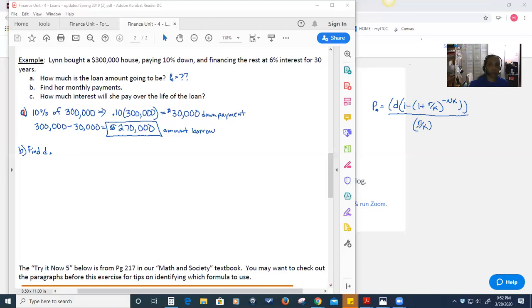Yep, okay, that's the right formula. All right, so let's plug in what we know. PO, we know she's borrowing $270,000.